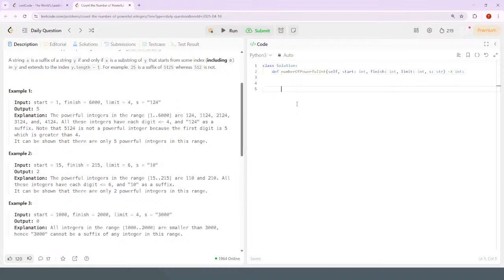So let's take the example of 124. The start is like a 1-digit number, and the finish is like a 4-digit number. So you have 1, 2, 4, that's 3 digits.